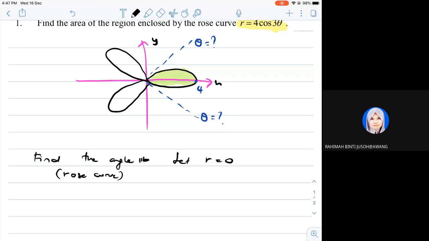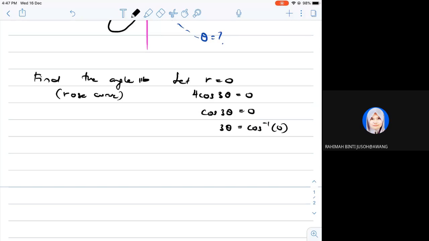So we have 4 cos 3 theta, because r is 4 cos 3 theta, and equate this with 0. So we will have cos 3 theta equals 0, of course. So 3 theta equals arc cos 0, shift cos 0.